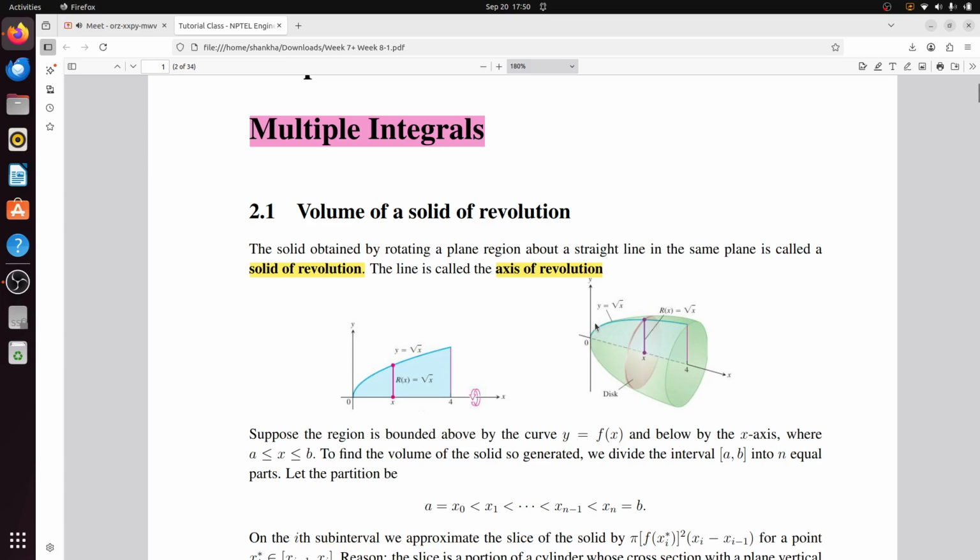Now you may be interested to determine the area of this 3D surface. These kinds of problems are referred to as surface of revolution, and this solid that is constructed due to this parabolic shape revolving around is called a solid of revolution, and this x axis line will be called the axis of revolution.